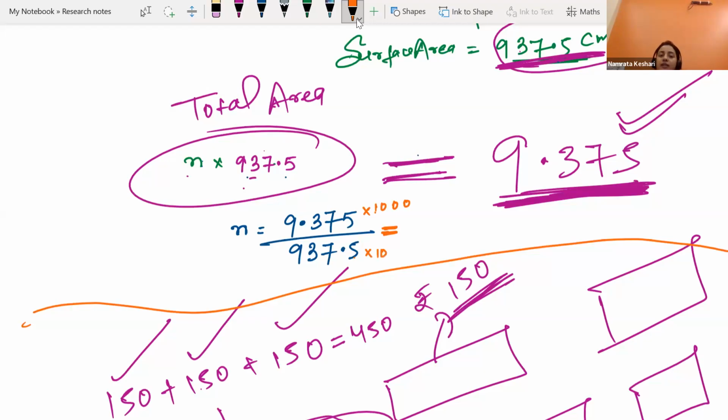Between 1000 and 10, we choose 1000 and multiply the numerator and denominator with 1000. So the numerator will become 9375, decimal gone. And the denominator will become 9375 double zero. This is what we'll be getting.